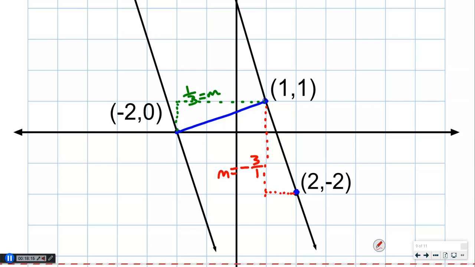So we're going to use the blue line there. So we need the distance formula from those 2 points, -2, 0 and 1, 1.